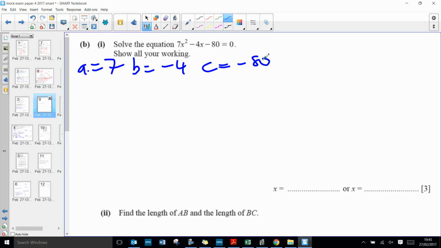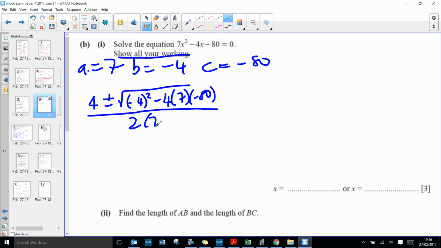Remember, I did suggest, because you need to show working, we need to stick this in as a formula. So it's positive 4 because it's minus B, plus or minus square root of negative 4 squared minus 4AC over 2A. That's sufficient working in these questions.